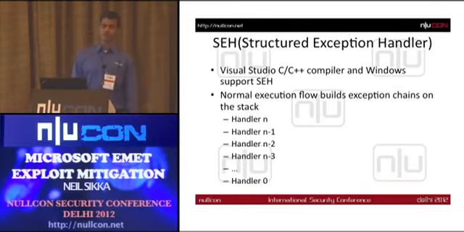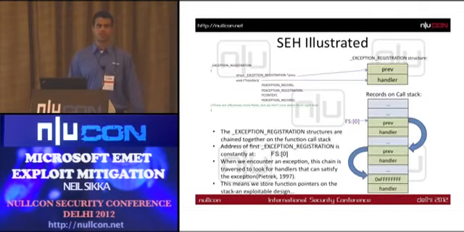So structured exception handlers, the support for that is a combination of Visual Studio Compiler as well as Windows. And what it does is it's a way to handle exceptions that occur at runtime. So as you can see here, we have the exception registration structure. And this is the call stack right here. So on the call stack, we have a chain of exception registration records.